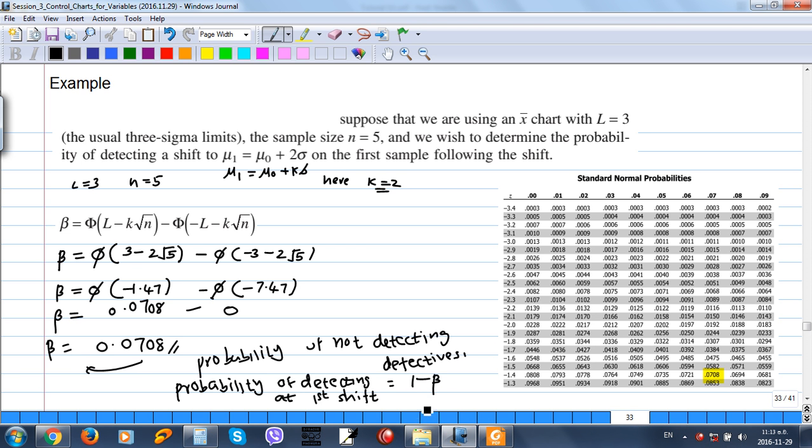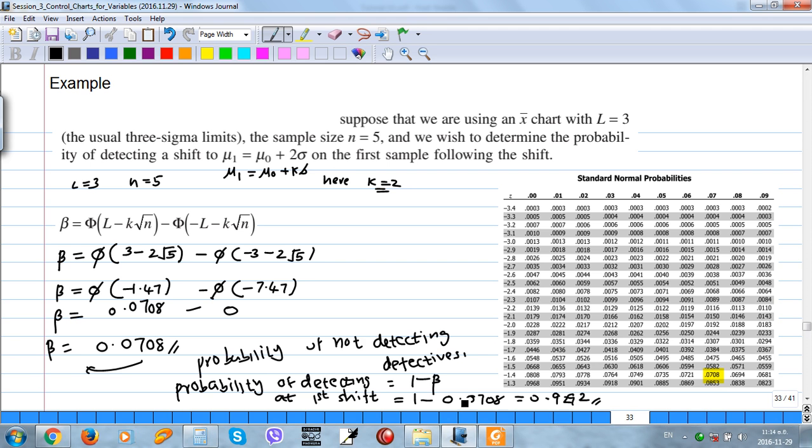So for this, 1 minus 0.0708, if you substitute, it comes to 0.9292. This is the probability of detecting the defectives in the first shift, 0.9292. It means that most probably it is detected, so it is a good process.